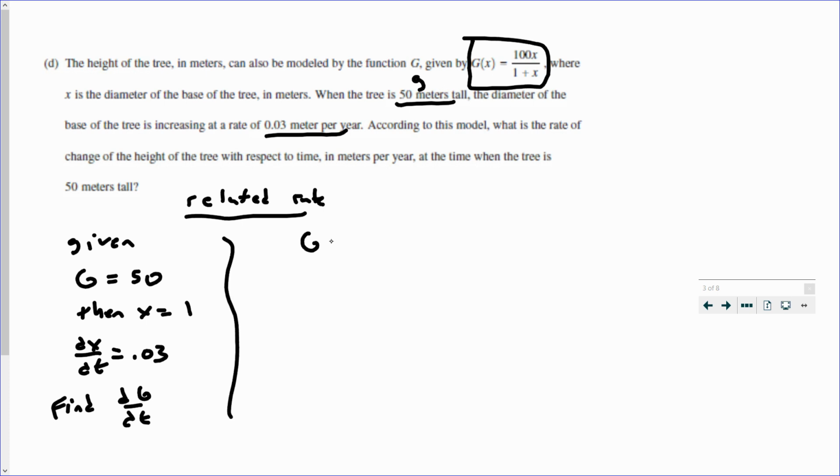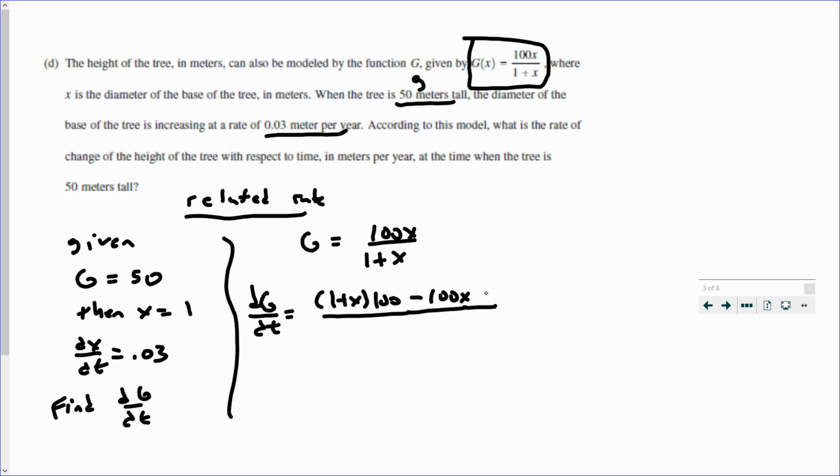So let's go and take a look here. Well, we know g of x is equal to 100x over 1 plus x. Quotient rule, dg/dt would become low, 1 plus x, d high, 100, minus high, 100x, d low, which is just 1.